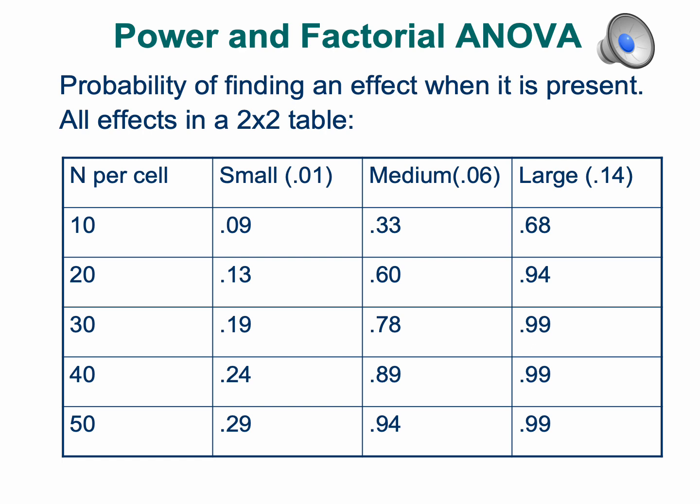You pretty much have the same probability of finding that effect at 30 subjects or 40 subjects or 50 subjects. And having subjects above 20 isn't really going to be adding much to the power level. Okay, so power varies with the size of the effect you have, and it varies with the number of subjects that you have in your study.